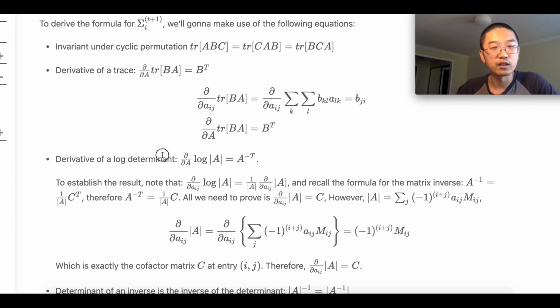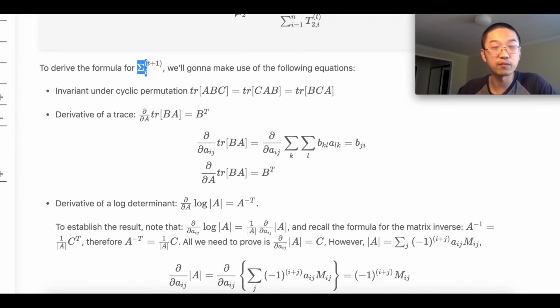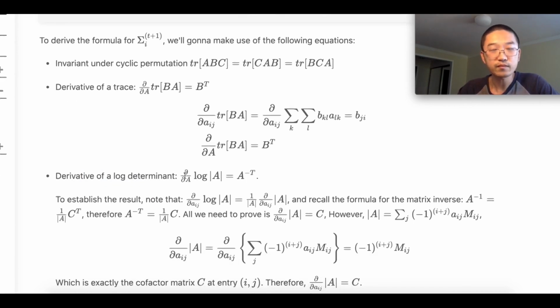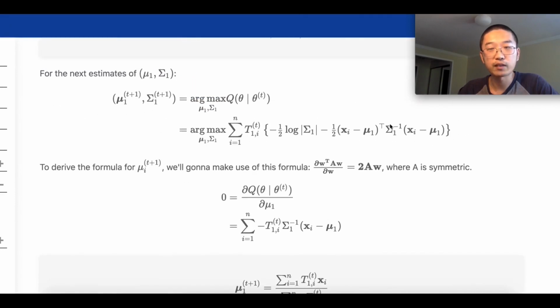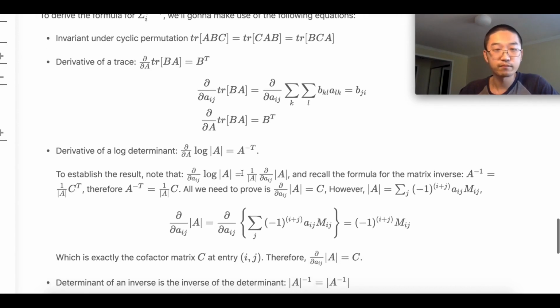Next we need the formula for the sigma function: the derivative of the log determinant of a matrix. When we maximize this and take the partial derivative with respect to sigma 1, we need the partial derivative of the log of the determinant of sigma 1. The result is just A inverse transpose.